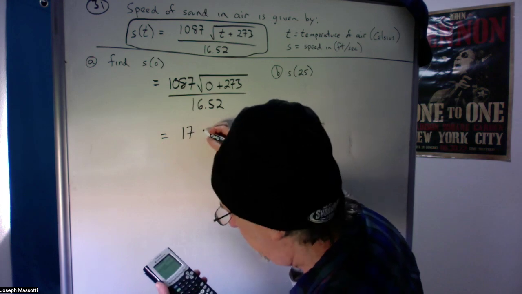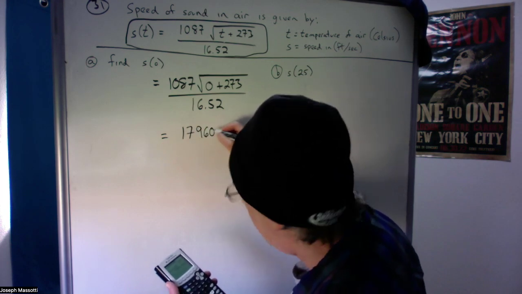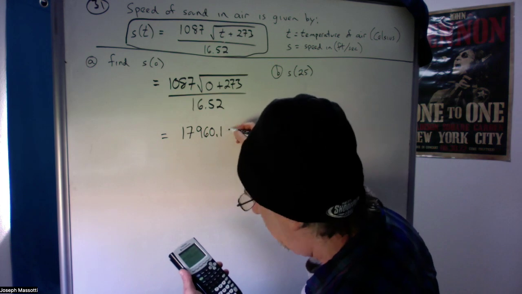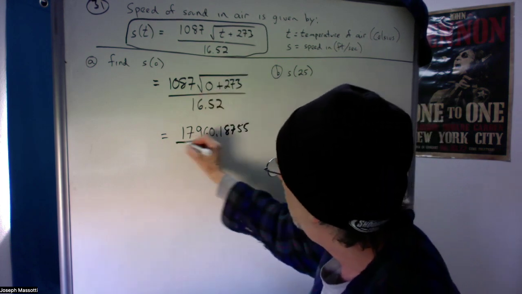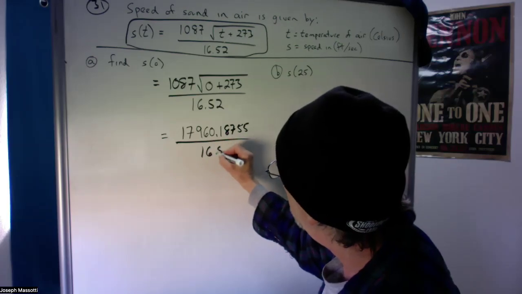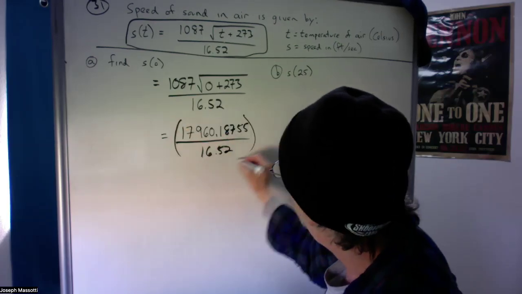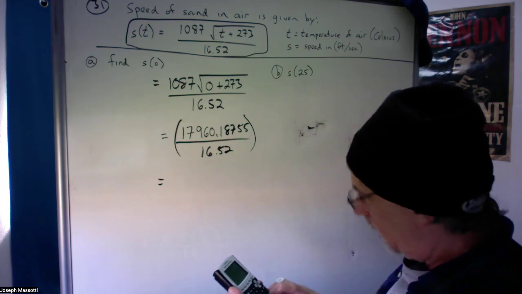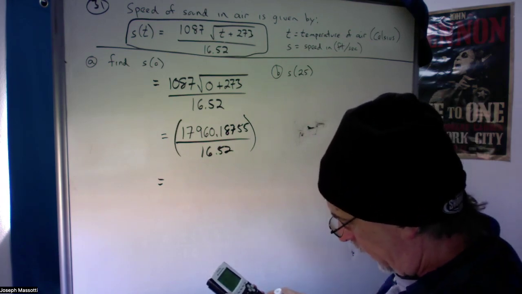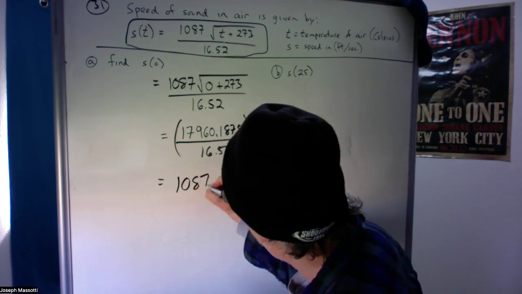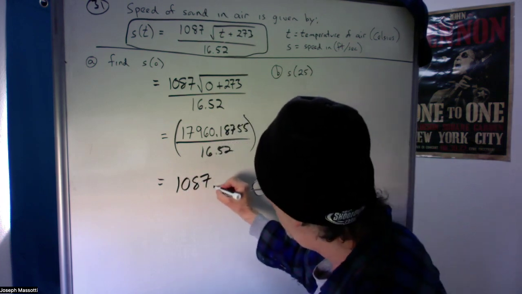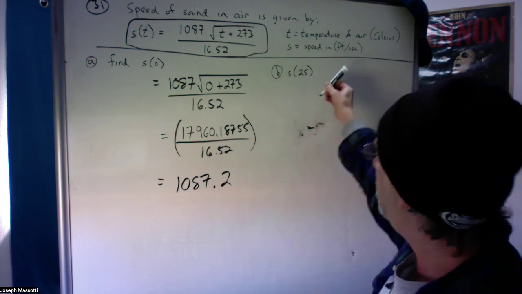Comes out to 17,960.18755. That's the numerator. We divide that by the denominator of 16.52, and we get 1087.2, and it was feet per second.